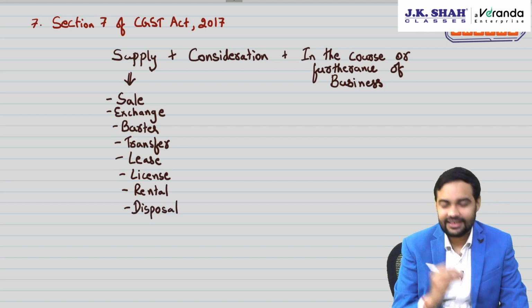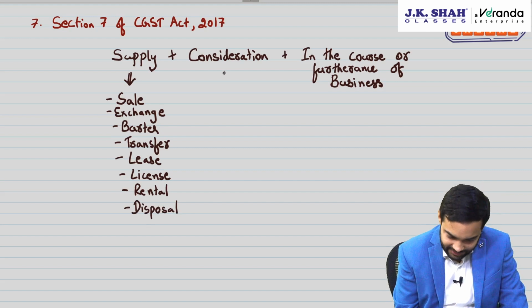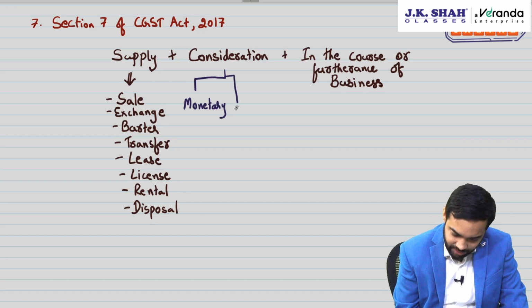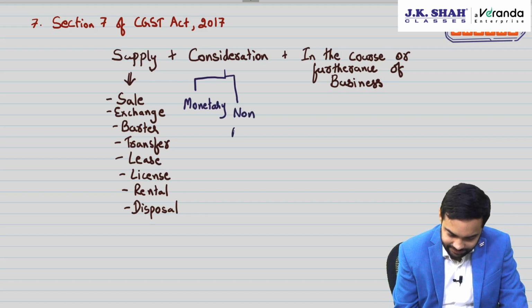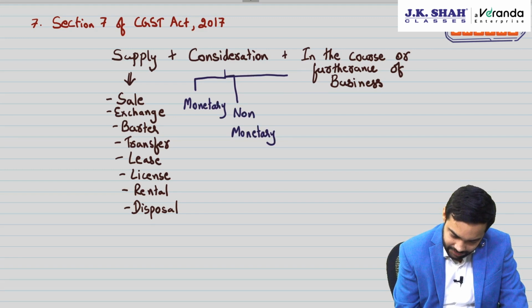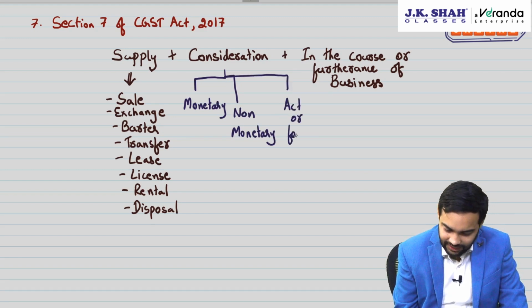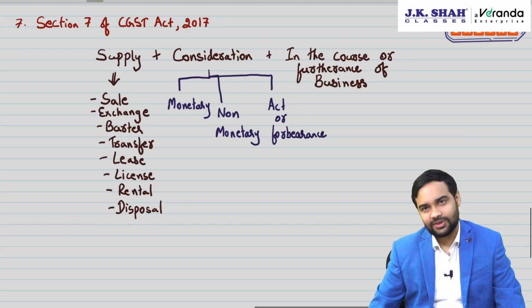Now, consideration can be of 3 types. It can be monetary consideration, it can be non-monetary consideration, or it can be an act or forbearance. Act or forbearance: act is agreeing to do something. Forbearance is agreeing not to do something.